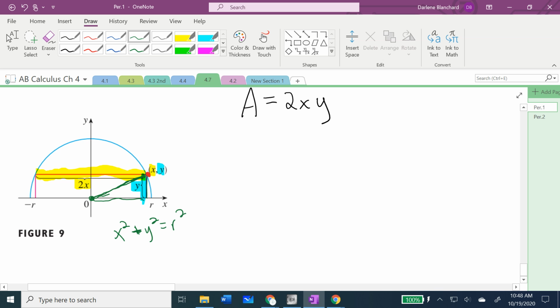But you could have also thought it's a semicircle centered at the origin. What's the equation of a circle centered at the origin? X squared plus y squared equals radius squared. Remember?